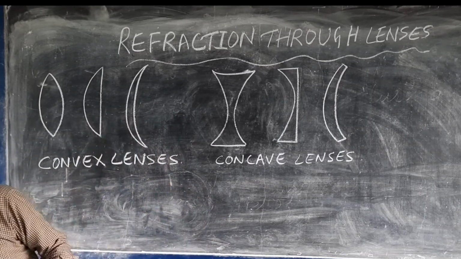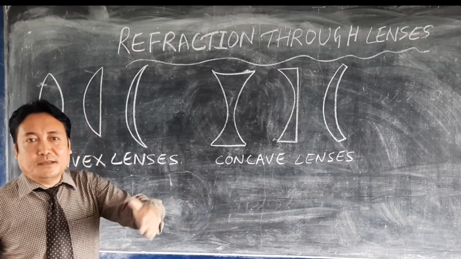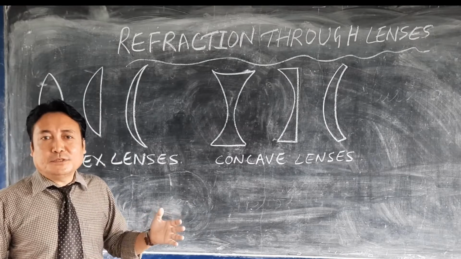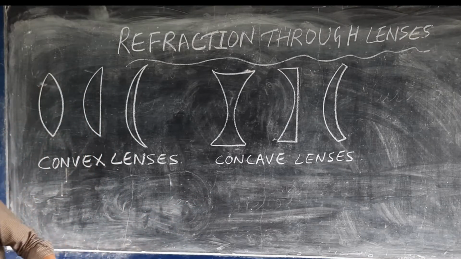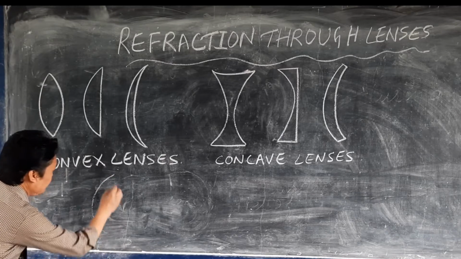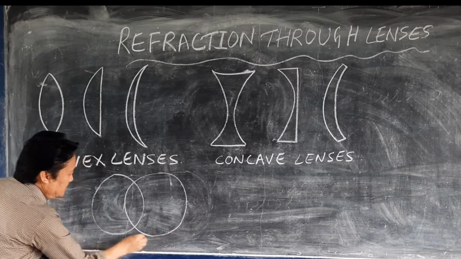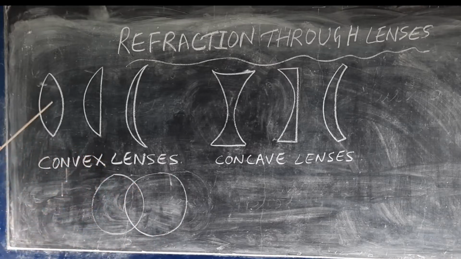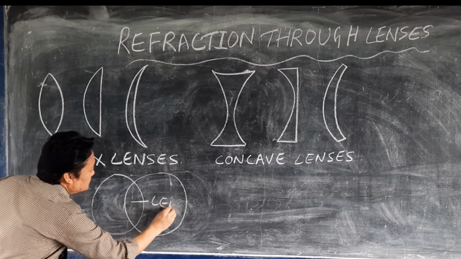So this lens is a transparent optical material bounded by two spherical surfaces. Let us consider one sphere and another sphere. Look at this figure. Now this will become a lens.